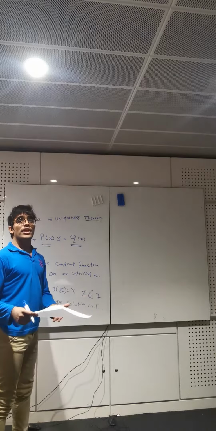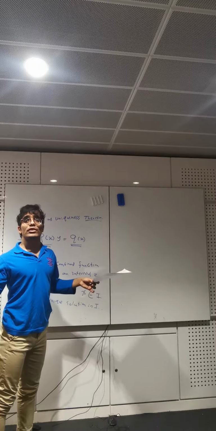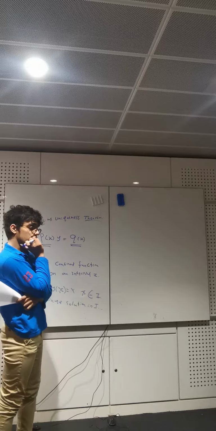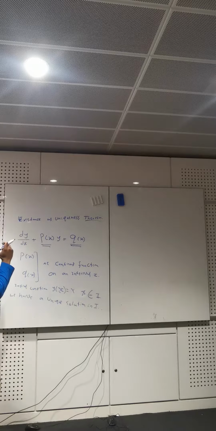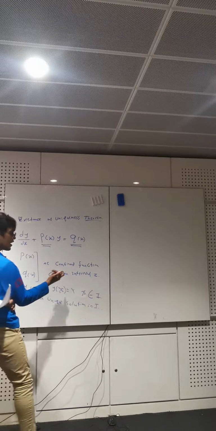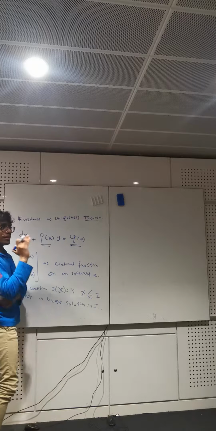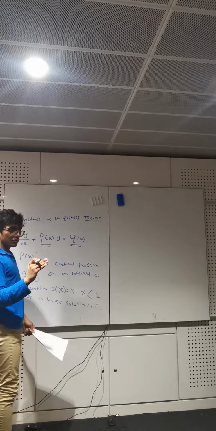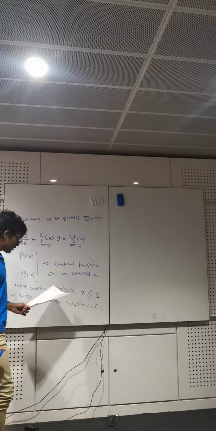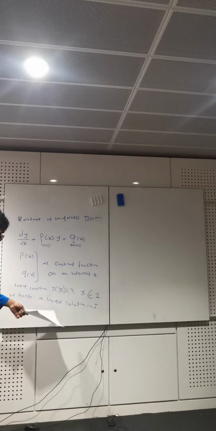We're going to ask ourselves, in which interval are those functions continuous? If the initial condition that we were given lies in this interval, then we are guaranteed to have a unique solution in this interval.